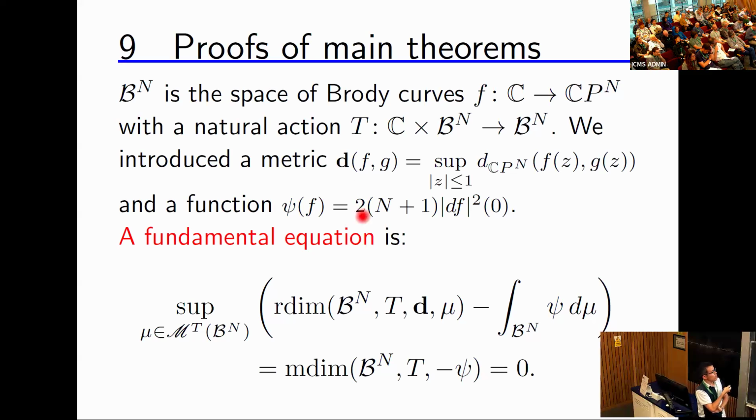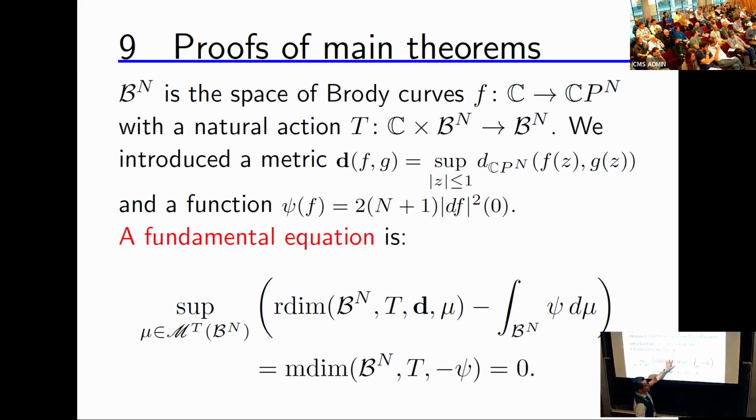And the fundamental equation for our theory is the following. We consider the rate distortion dimension minus some potential term, and take the supremum with respect to all invariant probability measures. Then we can prove that this supremum is equal to the mean dimension with potential for the potential function minus c. And in this case, this is equal to 0.